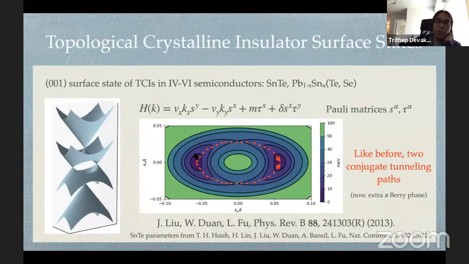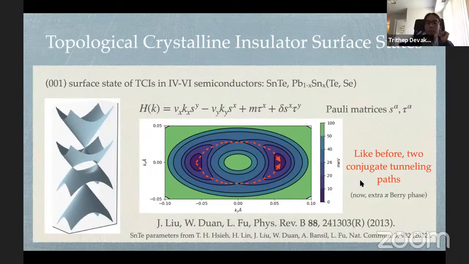And if you look at the energy contours for this dispersion, just for the band near 0, it looks like this. You have your Dirac points at 0 energy, and again you can see that there's a peak at 0. That's where this Dirac point is. And so the optimal tunneling trajectory, like before, is going to try to avoid this center part. It's going to go above it or below it.